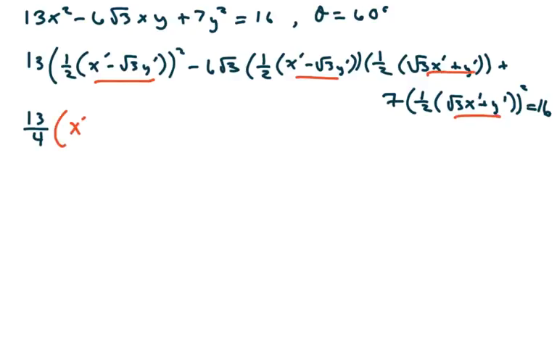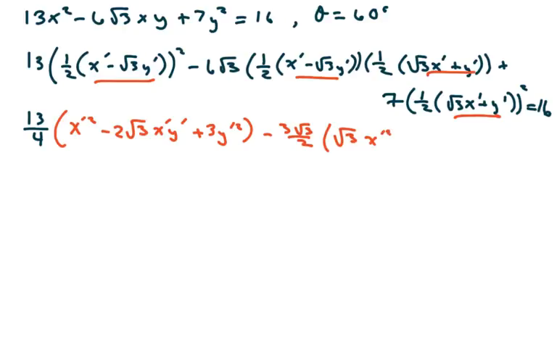Simplify: x prime squared minus 2 square root of 3 x prime y prime plus 3y prime squared, minus 3 square root of 3 over 2 times square root of 3 x prime squared minus 2 x prime y prime minus square root of 3 y prime squared.